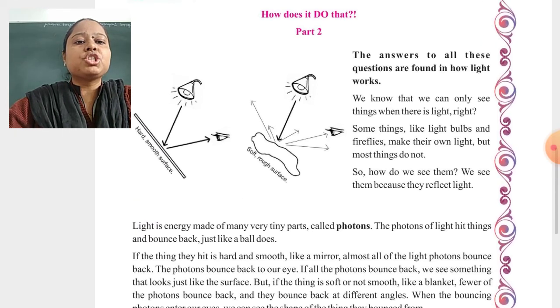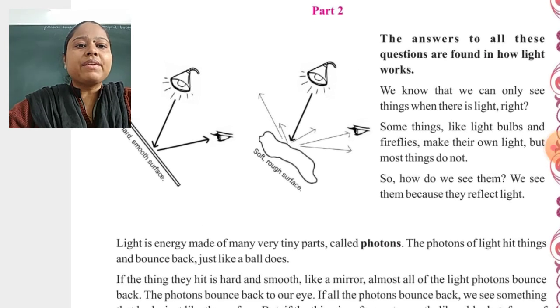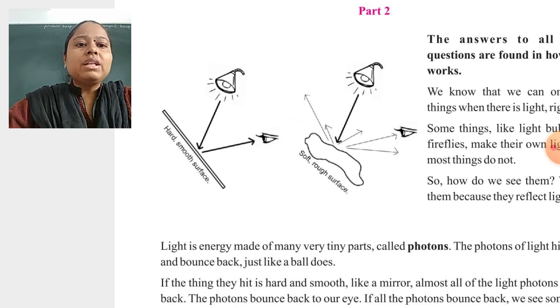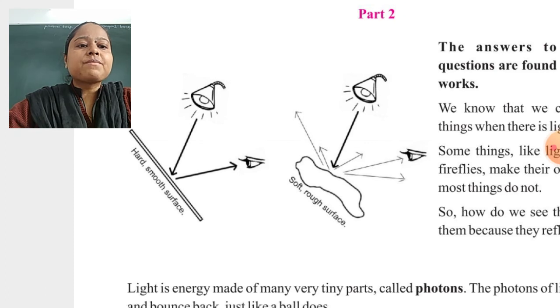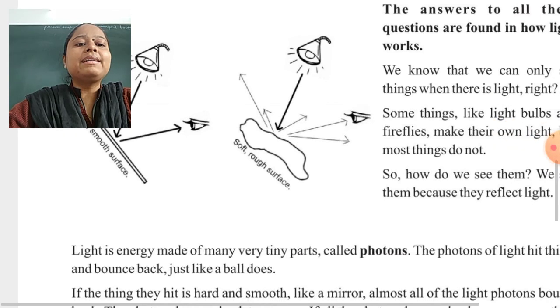You can see in this picture. First we can see the hard surface where all the tiny particles bounce back the same way, while here you can see the rough surface where all the tiny particles go at different angles. See, not all are reaching the eyes straight; all tiny particles are going at different angles.